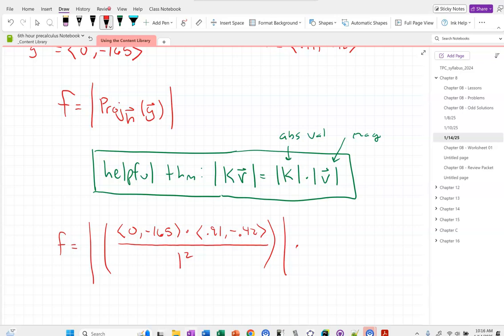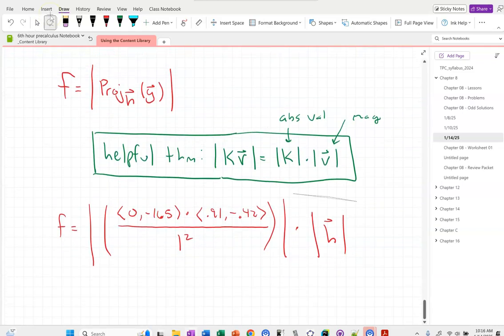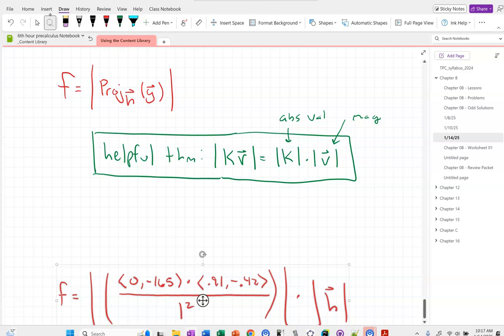Oh, nice. And then we have times the magnitude of vector H. I'm going to put in one extra step here, if you're following along later, so it's a little more connected to what we just did.